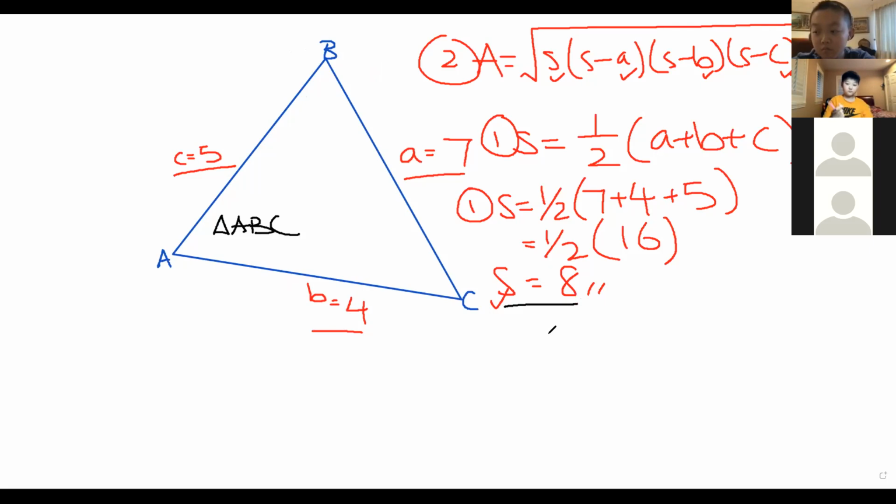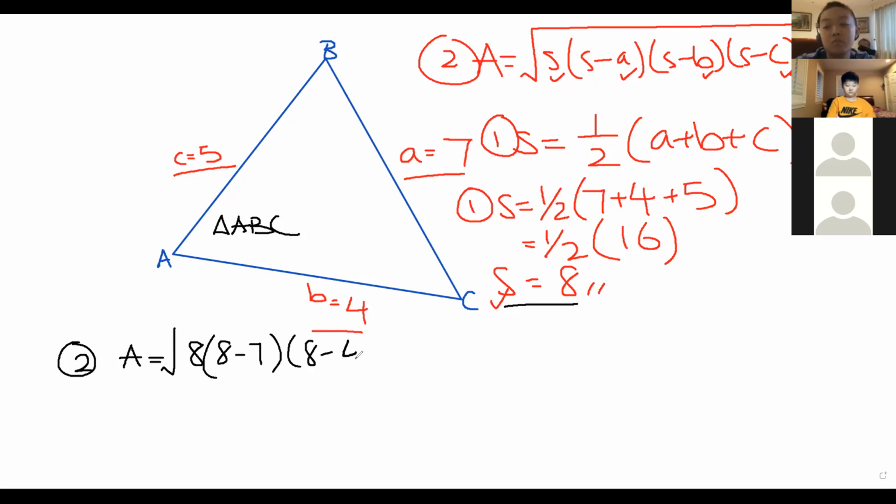So now that I found out what S is, and I also know what A is, what B is, what C is, I can use this second formula now. So A is the square root of S, which is 8, times S minus A, which is 8 minus 7, times S minus B, which is 8 minus 4, times S minus C, which is 8 minus 5.